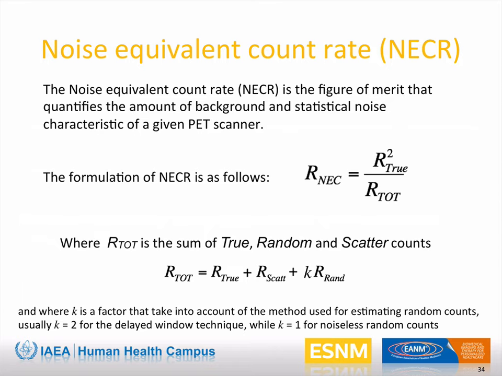The noise equivalent count rate is equal to the square of the true count rate divided by the total count rate, where the total count rate is the sum of true, random, and scattered count rates, and where k is a factor that takes into account the method used for estimating random counts. Usually, k equals 2 when the delayed window technique is used, while k equals 1 for noiseless random counts estimations.